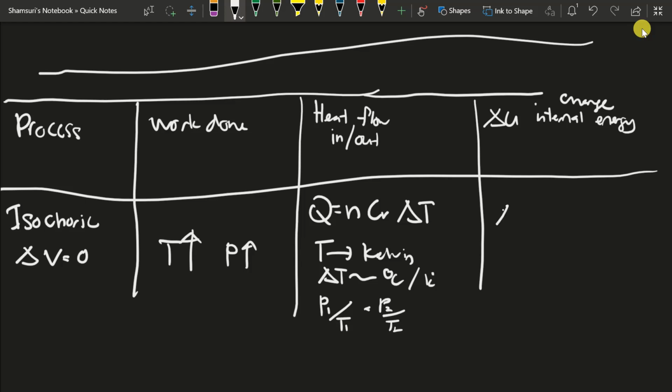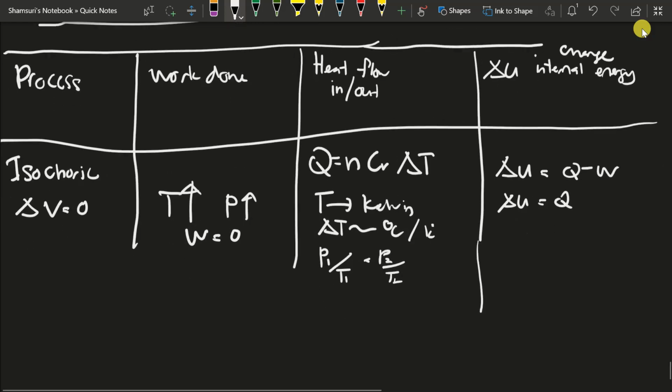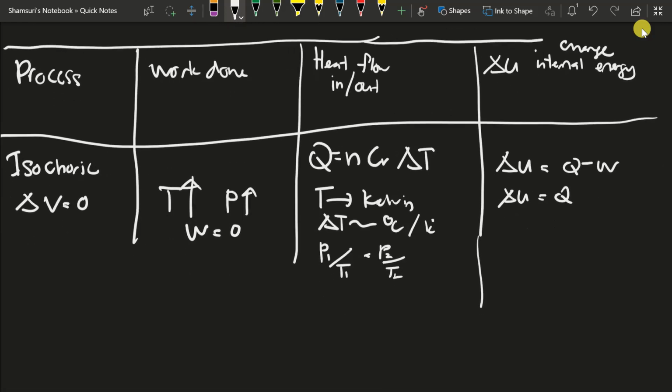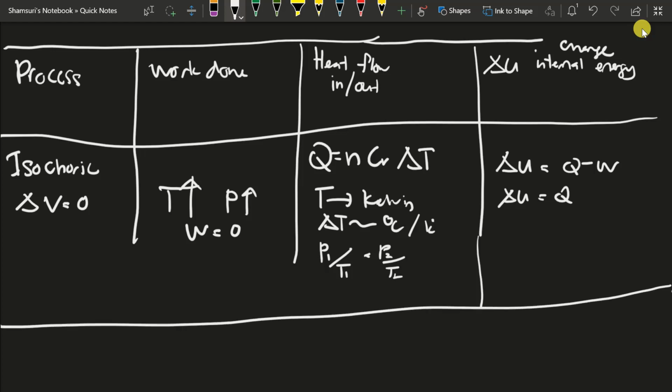Then we have delta U, the change of internal energy, is equal to Q minus W, but the work done here is equal to 0. Delta volume doesn't change, so delta U is equal to Q. This is called the isochoric process.